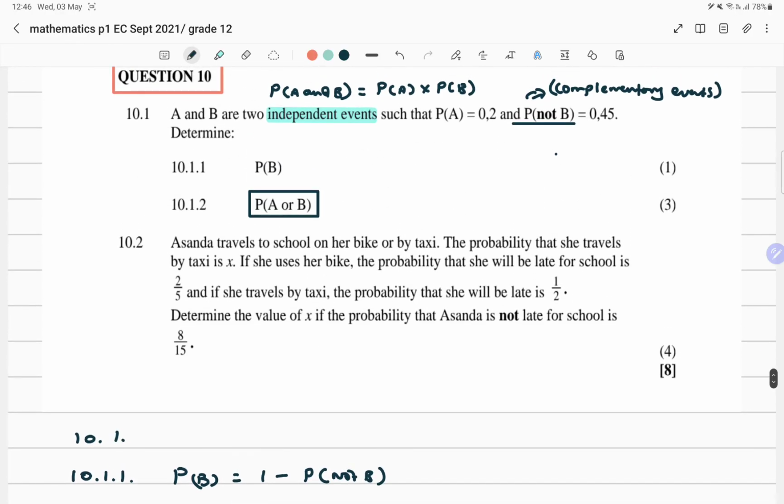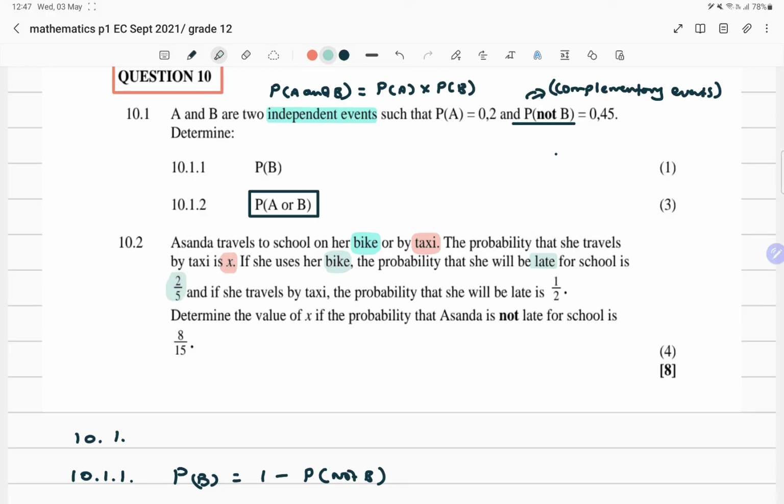10.2. Now we're told Asanda travels to school on her bike and taxi. Okay, she chooses which one. Now the probability that she travels by taxi is x. So this means the probability of using the taxi is x. And then we are told that if she uses her bike, the probability that she will be late for school is 2/5.